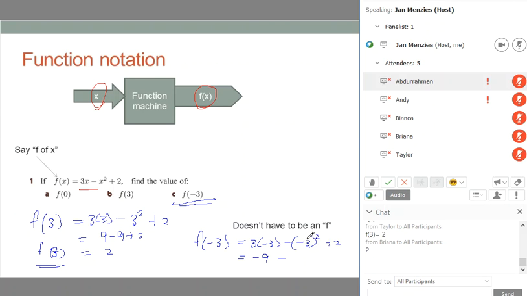Negative times negative is positive. 3 times 3 is 9. So it's take 9 plus 2. So on the last line, you write function of negative 3 is minus 18. Minus 9, take 9 is minus 18, plus 2 is minus 16. Excellent, Taylor.